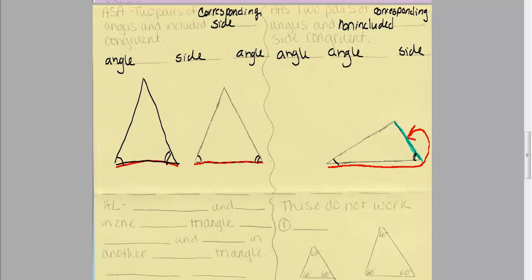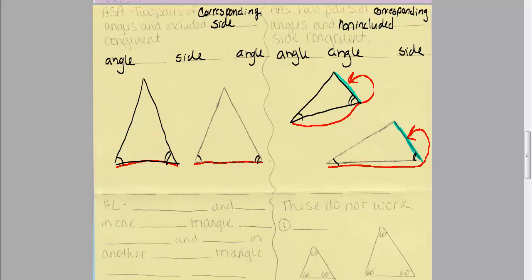That side right there. So you always go in the same order, angle, angle, side. So if we have another triangle, and we know angle, angle, the side that has to go with it is after the two angles. So it's still angle, angle, side.